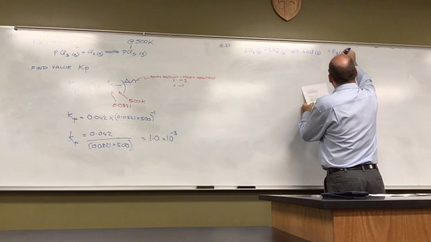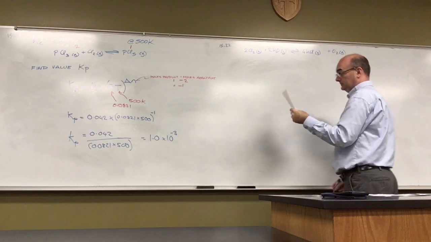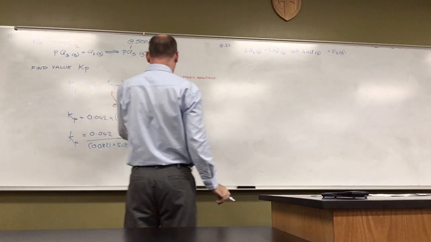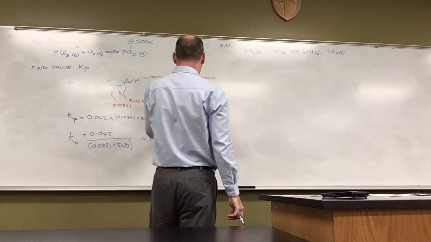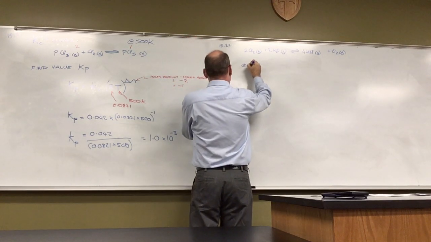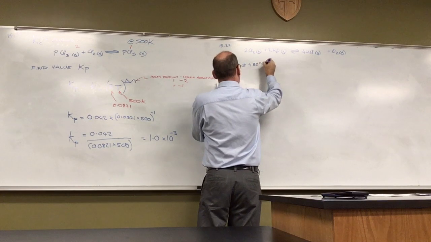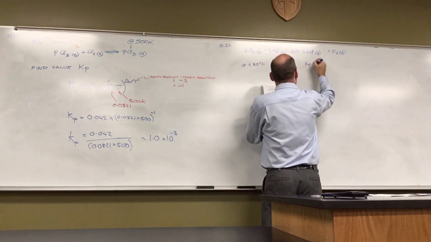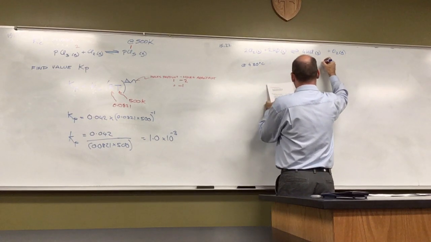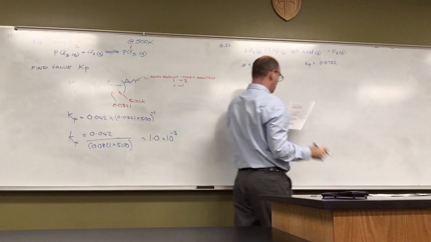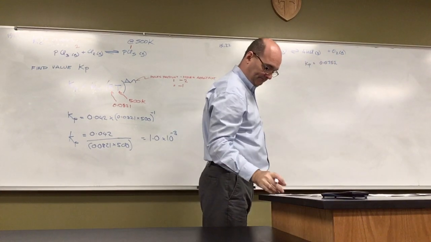Plus 1 oxygen gas. It tells me somewhere that this reaction is occurring at 480 degrees Celsius, and that the value of Kp for this equilibrium is 0.0752.